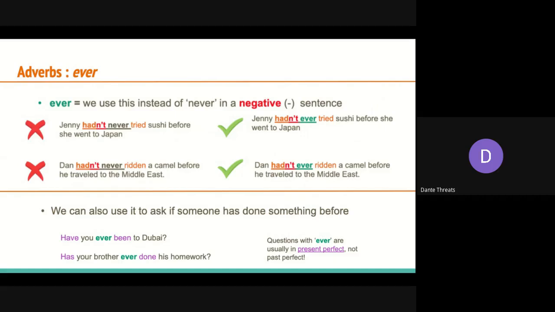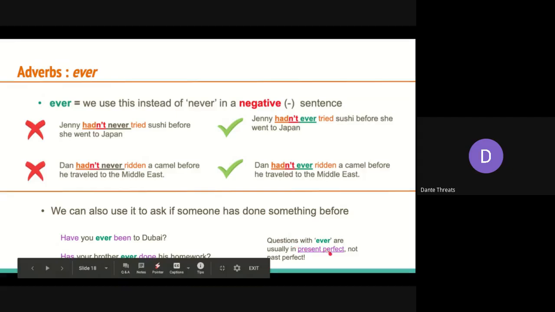We can also use "ever" to ask if someone has done something before. For example, have you ever been to Dubai? Or has your brother ever done his homework? Remember, questions with "ever" are usually in present perfect, not past perfect. Okay, so "have" is present, and this is the past participle.